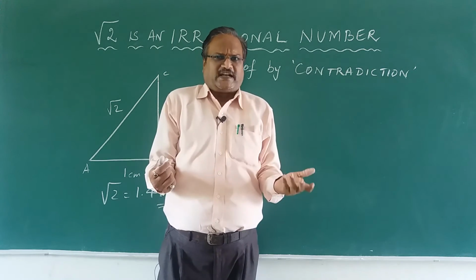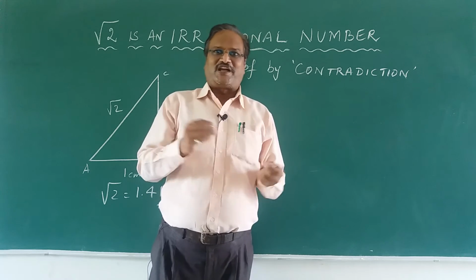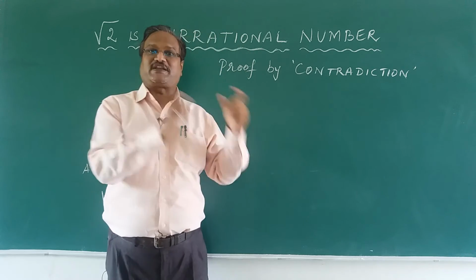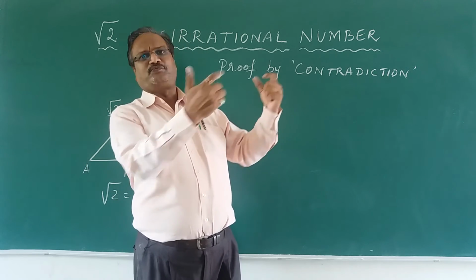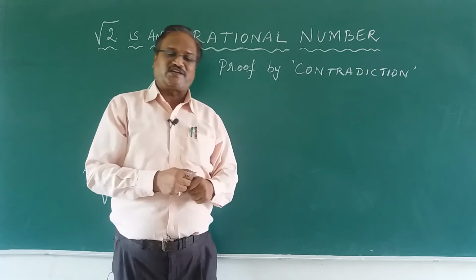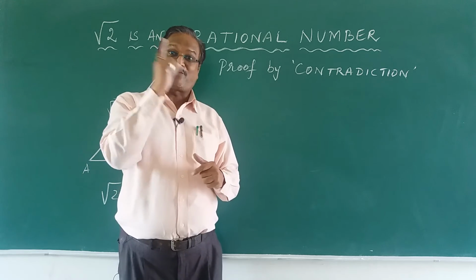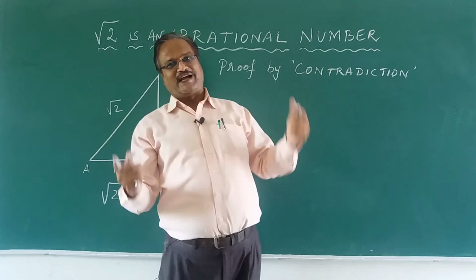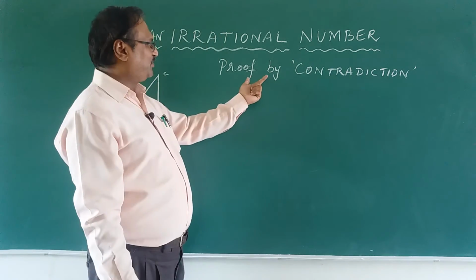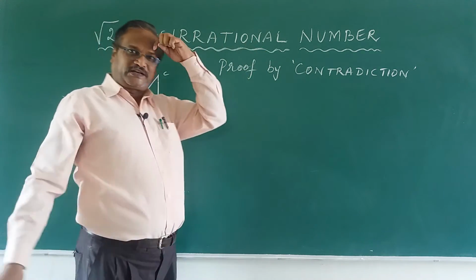But let us say I cannot prove it. What I do is put a statement, the sun rises in the west. And what will you say? No, you will contradict, you will say your statement is wrong, and you will prove that. So that is what we are going to do here by proof of contradiction.